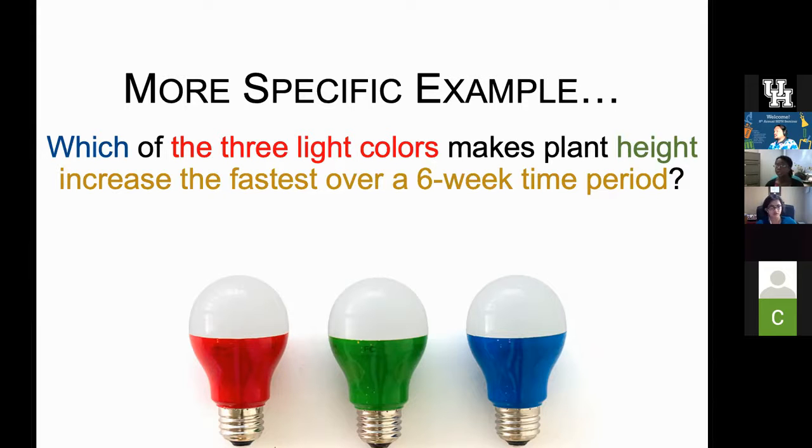So now you know exactly what you're changing, your independent variable, you know what you're measuring, so what your dependent variable is, and the time period that you're looking at it in. So there's some amount of time over the 6-week time period that you're looking at plant height. And that's really, really helpful because it means that when you go to answer your question, you're getting the data that you need.